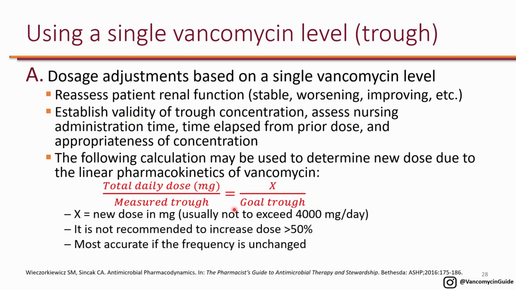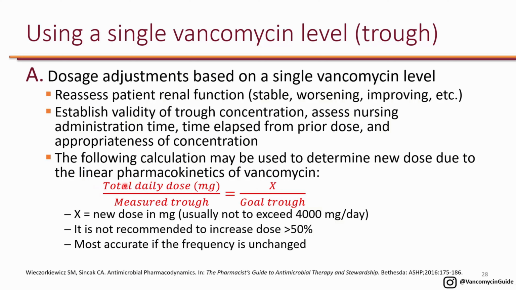You can use this equation with either subtherapeutic levels or with supratherapeutic levels. If it's a subtherapeutic level, ideally you're going to increase the daily dose. If it's supratherapeutic, you're going to decrease it. And then whatever total daily dose that you get, you will have to convert it to the same frequency.